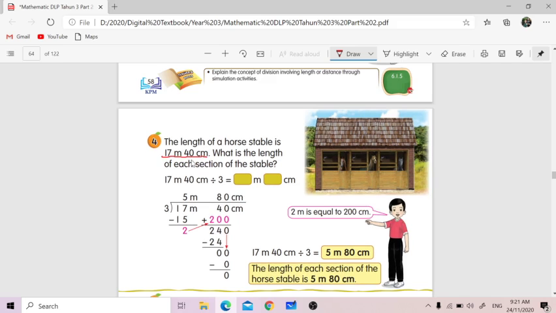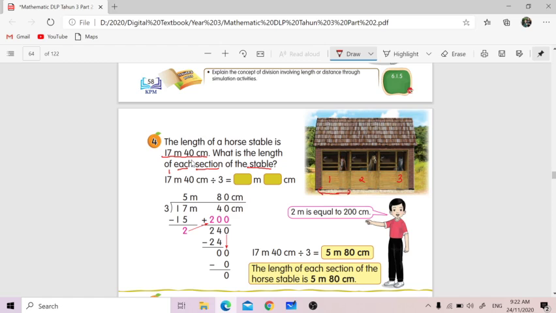Okay. So, dalam sini dia ada berapa pintu? 1, 2, 3. Okay, so what is the length of each section of the stable? So, each ni bermaksud satu. So, daripada 3 ni, 1, 2, 3, kita akan minta satu sahaja. We want to find one stable. What's the length of one stable?